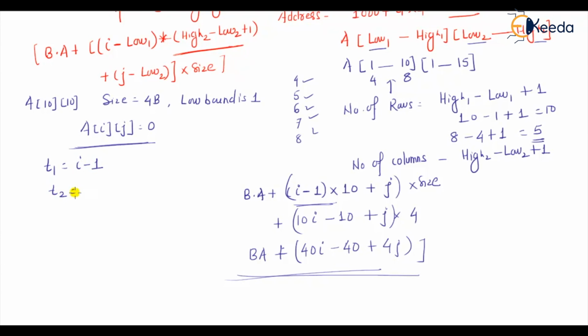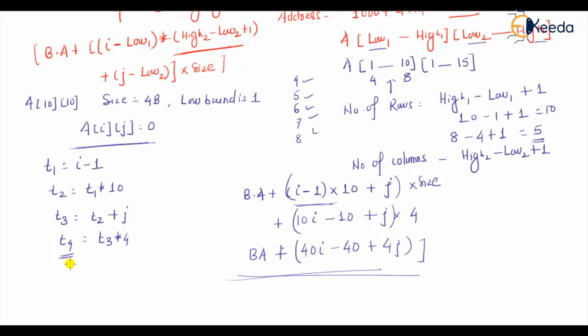Then T2 is equal to T1 multiplied by 10. Then T3 is equal to T2 plus j. Then T4 is equal to T3 multiplied by 4. Now this T4 has the correct value to represent the entire array in one dimension.